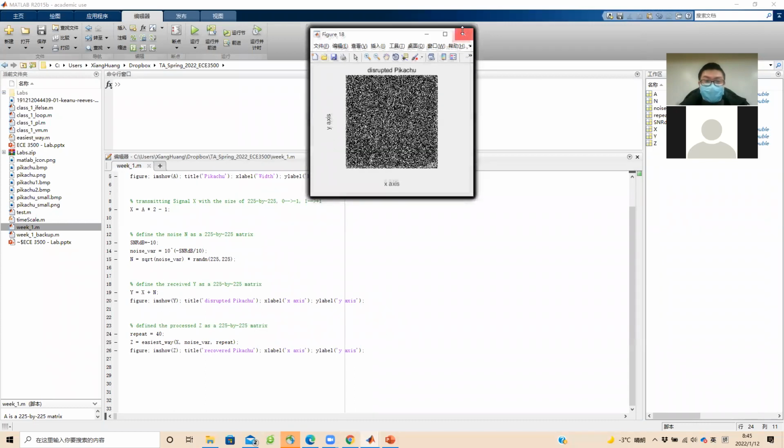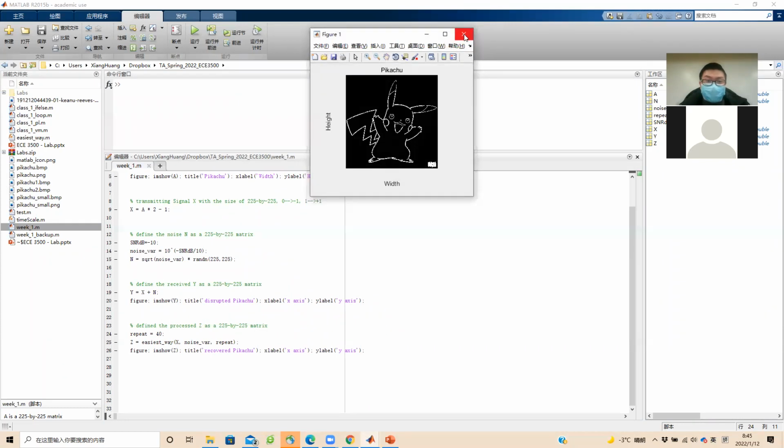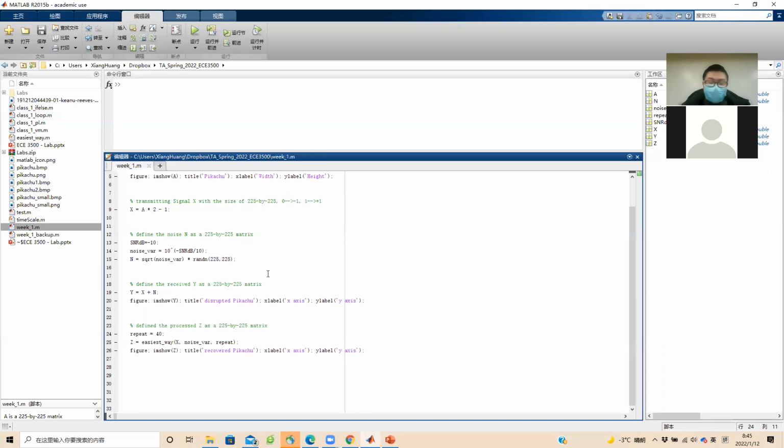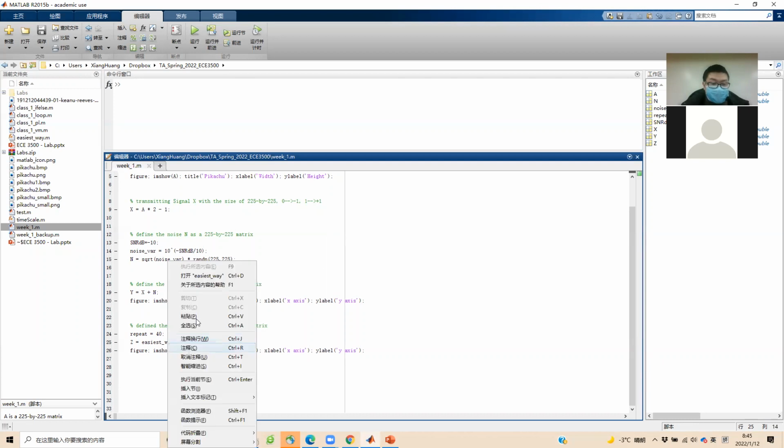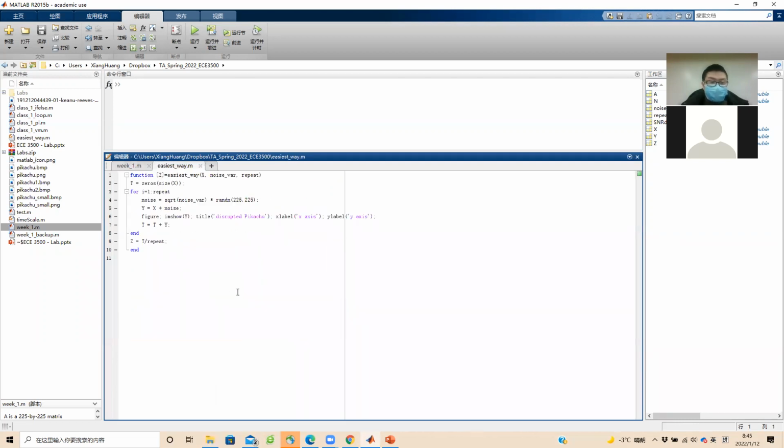MATLAB is very powerful because it has many built-in functions, but these functions are based on basic, classic algorithms. But in our research, we always want to develop our own algorithm, so we must know how to define our functions.